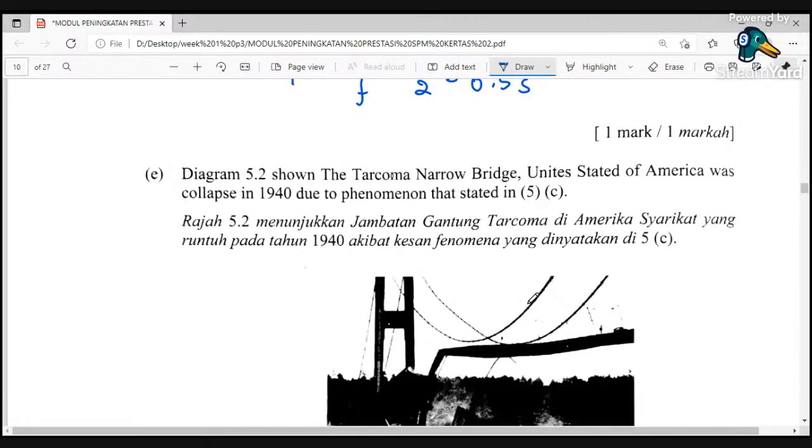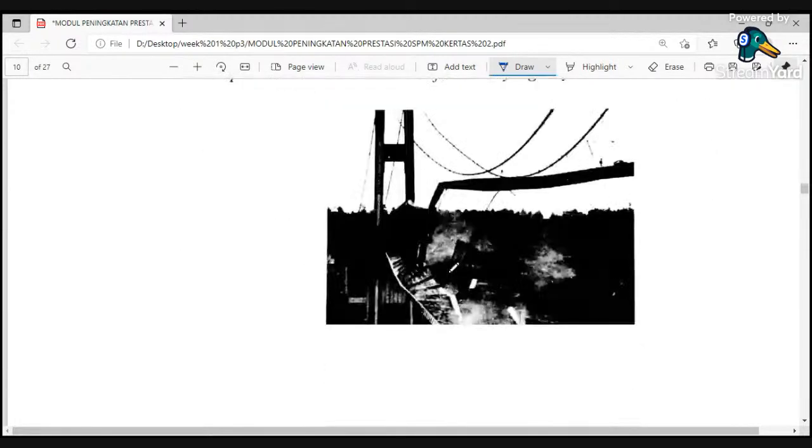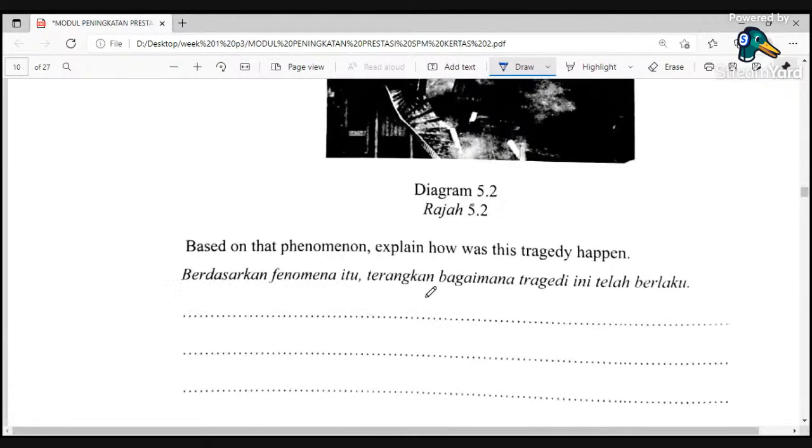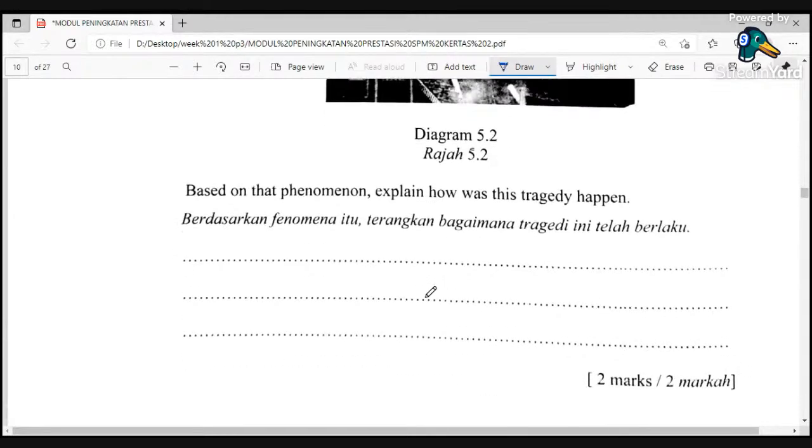Okay, but E, the Tacoma Narrows Bridge, United States, collapsed in 1940 due to the phenomenon stated in (c). Based on the phenomenon, explain how this tragedy happened. 2 points, 2 marks. Remember the phenomenon of resonance. Why resonance occur?